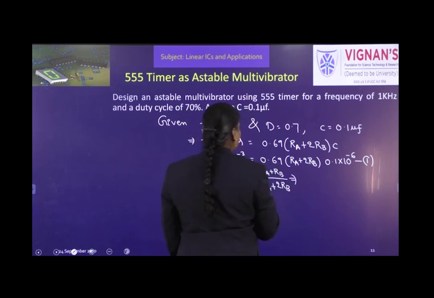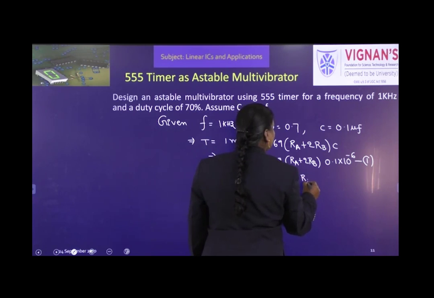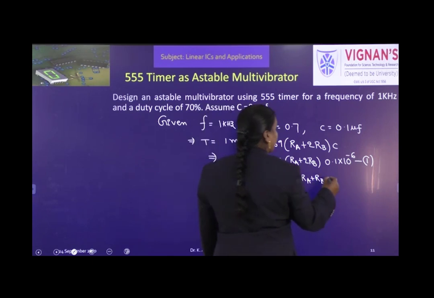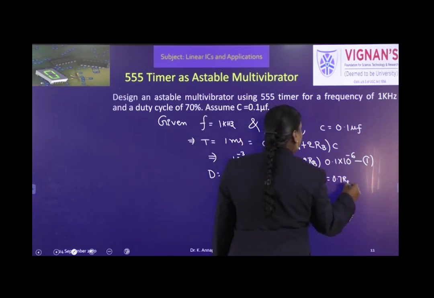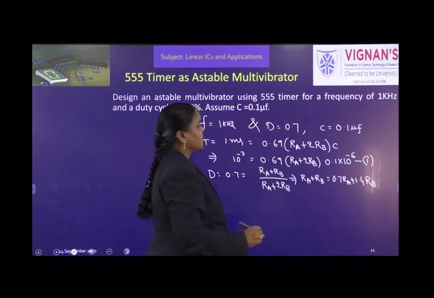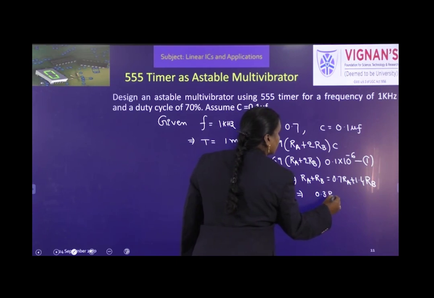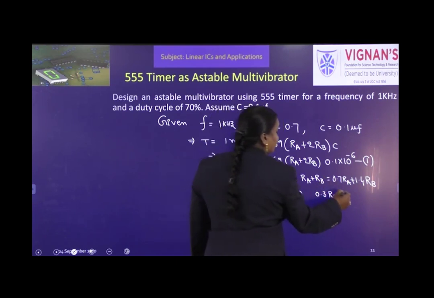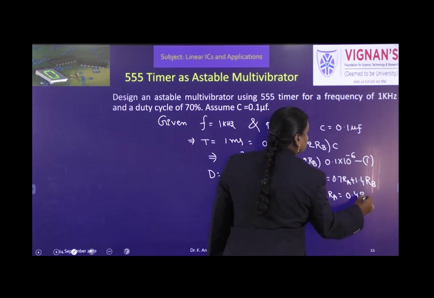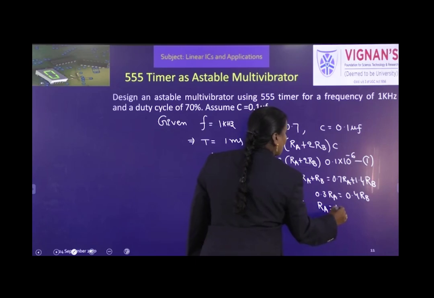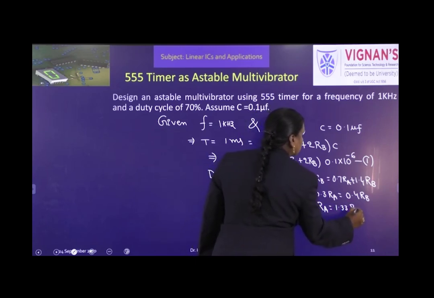So if I simplify this, RA plus RB is equal to 0.7 RA plus 1.4 RB. Now if I take the RA term to the left hand side, RA minus 0.7 RA means it is 0.3 RA, equal to 0.4 RB. So RA is equal to 1.33 times RB.